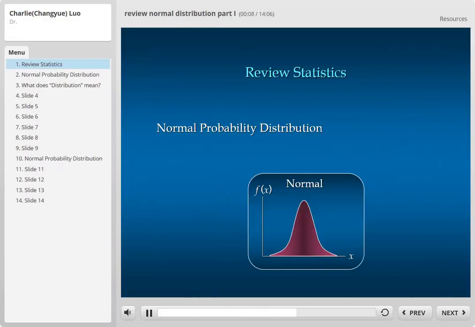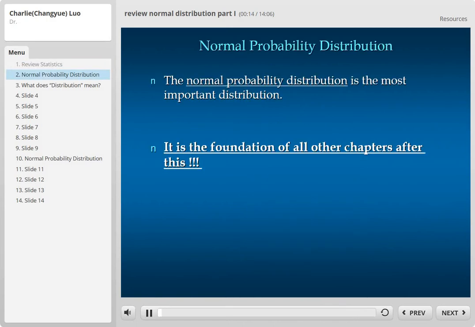In the next 2 weeks, we're going to learn a very important part of this. Normal probability distribution is the most important distribution in statistics. It is the foundation of all other chapters after this one.